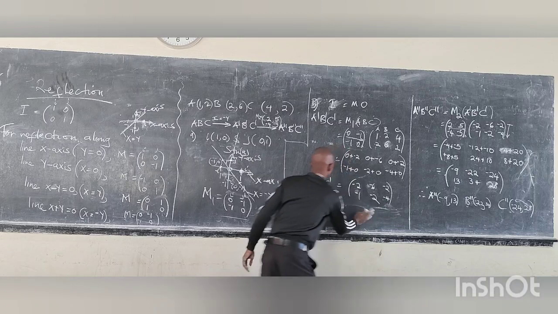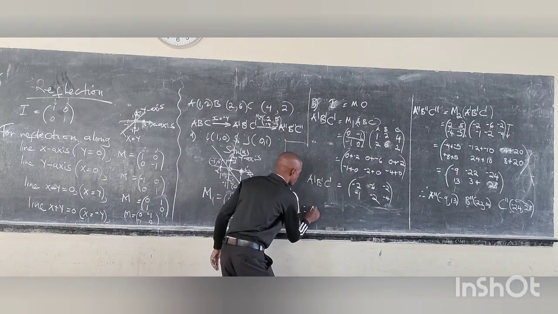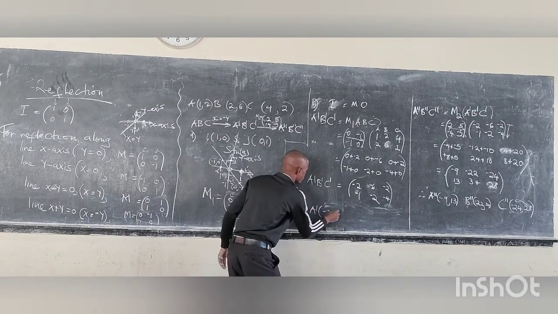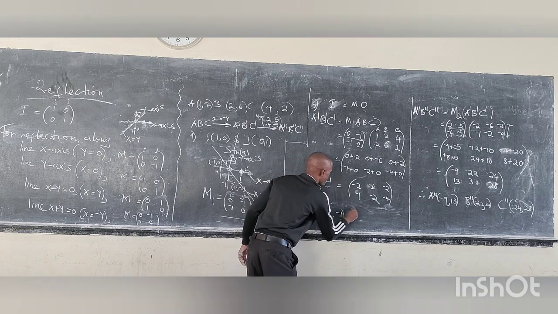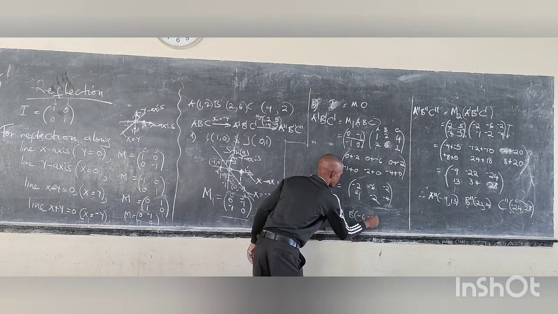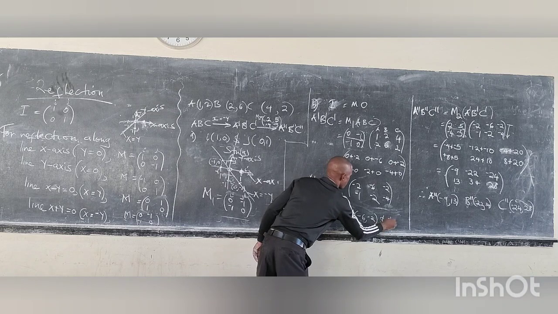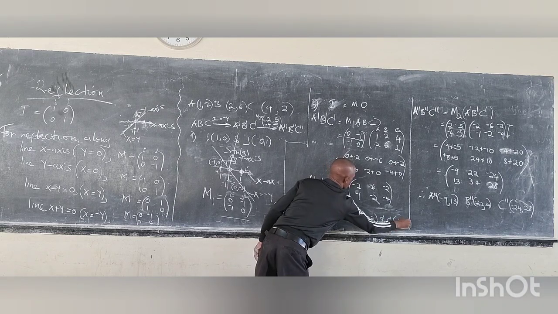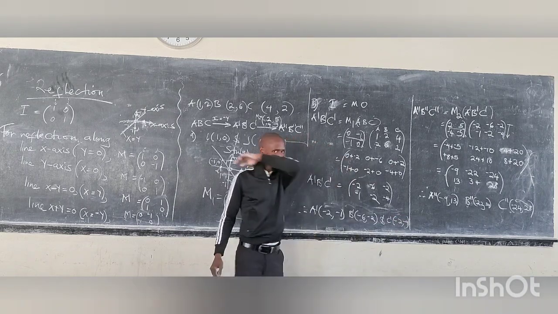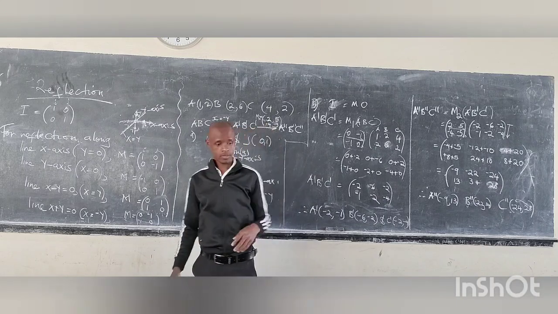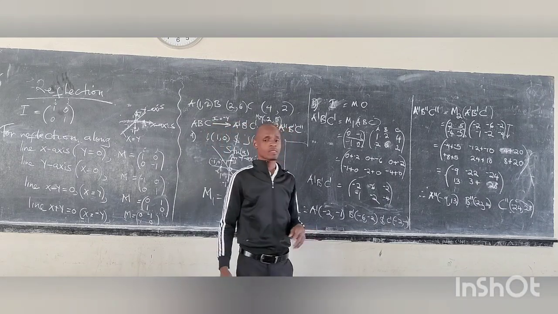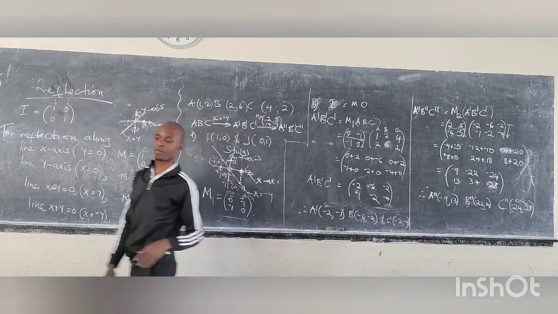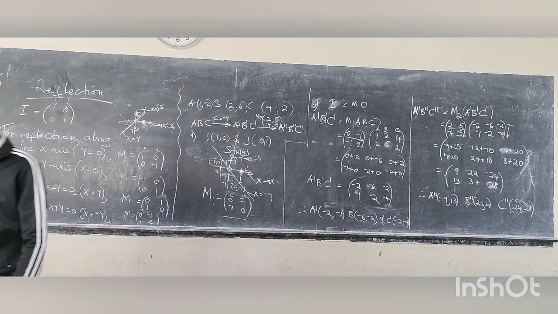Even here, you come and do the same thing. Therefore, A prime is negative 2, negative 1, B prime is negative 6, negative 2, and C prime is negative 2, negative 4. 6 marks. Is it clear? Yes. Okay. What does the next part of this question say?